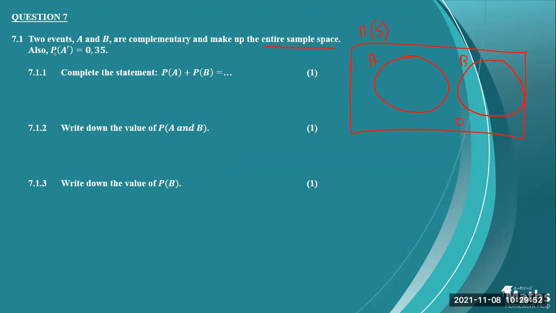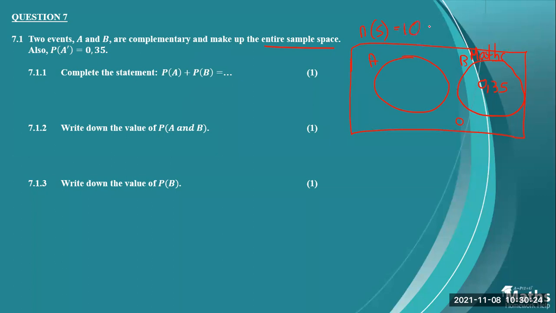So let's look at the information. They say here the complement of A is 0,35. Not in A is 0,35. Let's make this one the pupils taking maths. So because it's 0.35, let's just say it's 35 over 100.